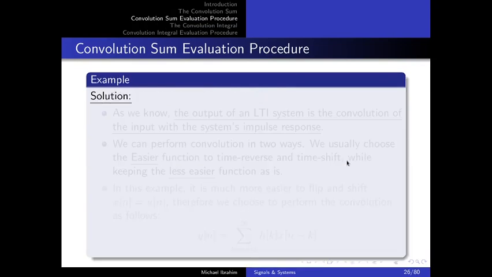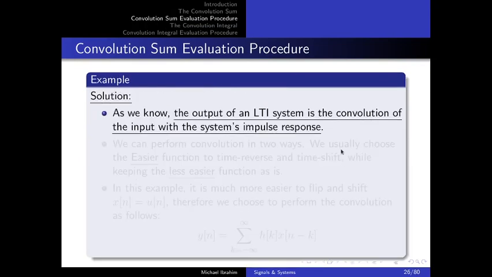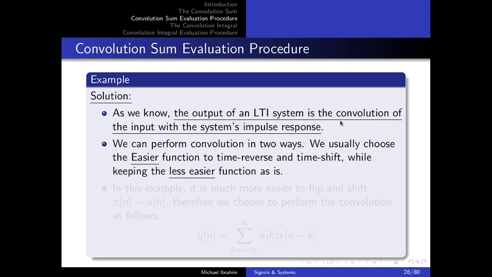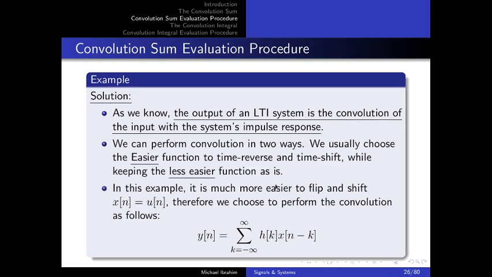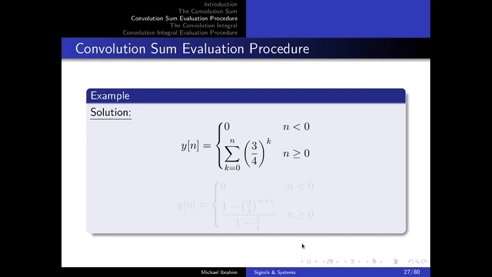So let's see, since we have an LTI system, we will use the convolution sum, and here we are trying to express the convolution as summation of h of k times x of n minus k. This will give us this equation 0 if n is less than 0, and this summation if n is larger than or equal to 0, as we have seen on the whiteboard, which will give us 1 minus 3 over 4 to the power n plus 1 over 1 minus 3 over 4 if n is larger than or equal to 0.